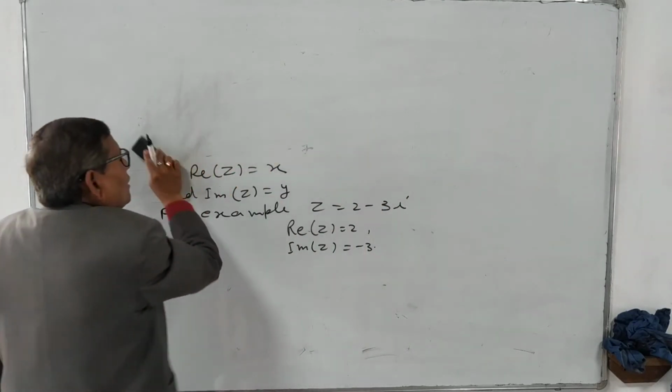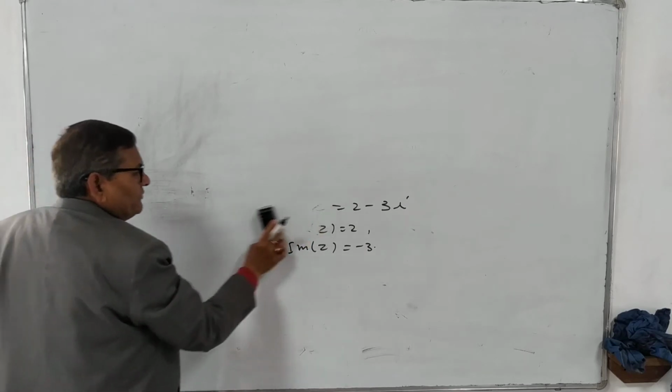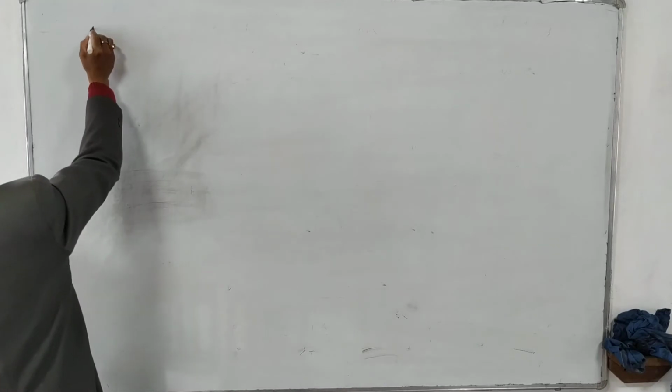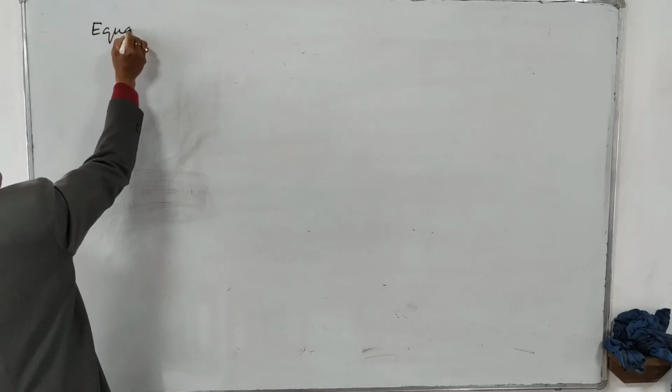Definition of equal complex numbers. When we say two complex numbers are equal, define equal complex numbers.